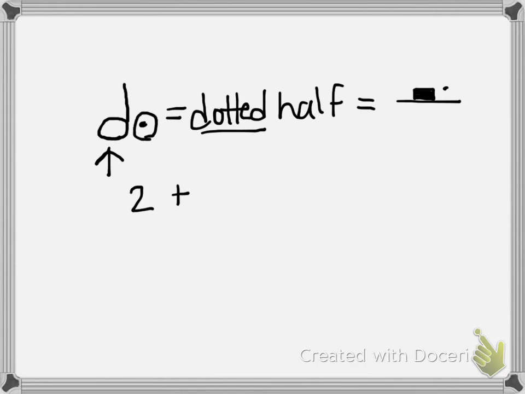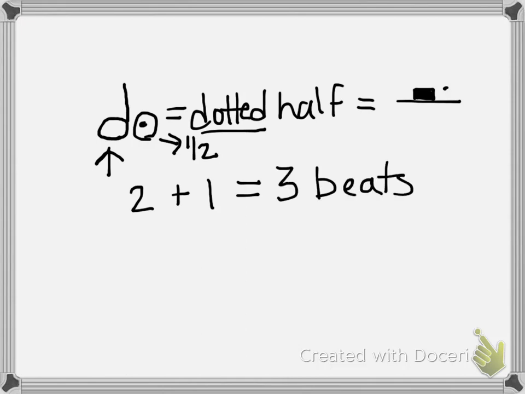So this means plus 1/2. So half of a half note, 2 beats, if you want to know what is half of 2, that is 1. So that tells us that a dotted half note is going to get 3 beats. Same thing for dotted half rest. It would get 3 beats of silence.